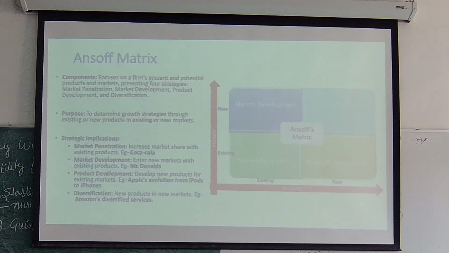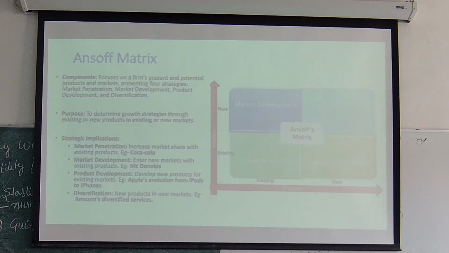For example, Coca-Cola is an existing product, and we are looking for new markets to increase our growth. Market development: McDonald's was not in China, it went to China, developed a new market, added rice to the menu, and so on and so forth, right?